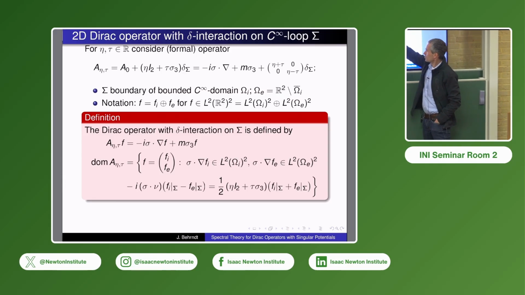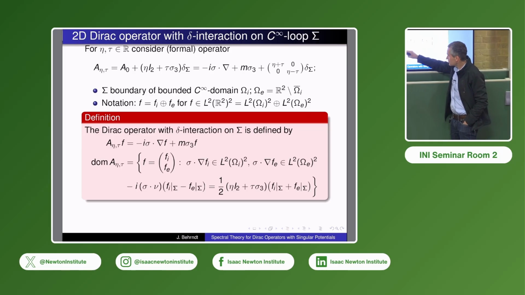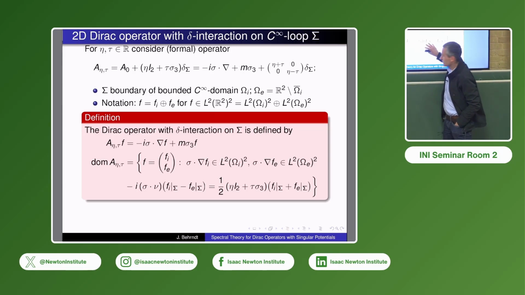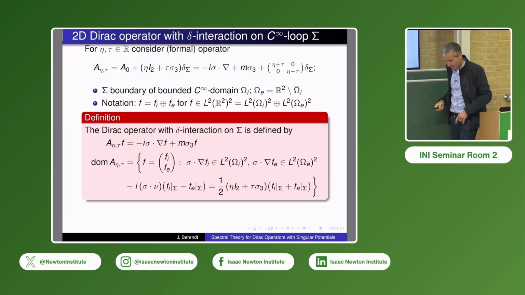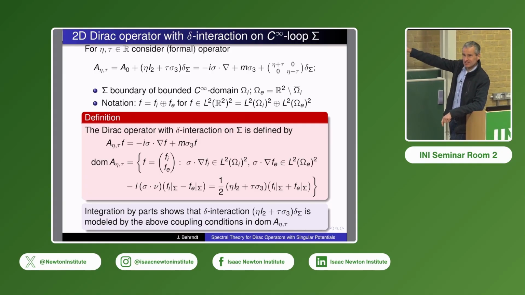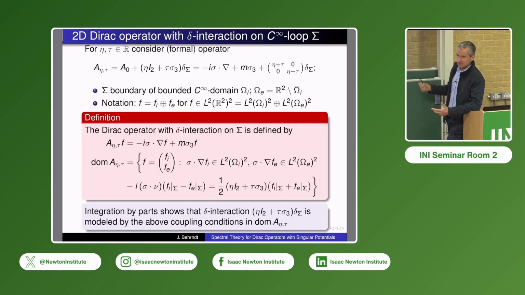This is just to make sure it's a well-defined operator, but the essential condition is this, let's say, comparison of jump and average of traces on the loop. And you have to do it this way because, you can check, integration by parts basically tells you this is the right type of transmission condition you need. But you don't see it immediately. It requires some computation. Anyway, this is the condition which makes sense.